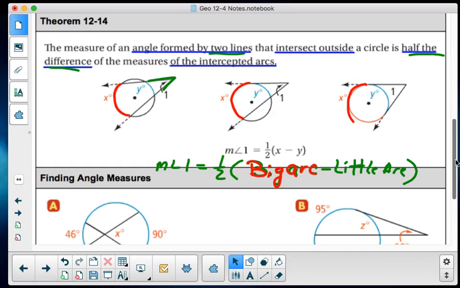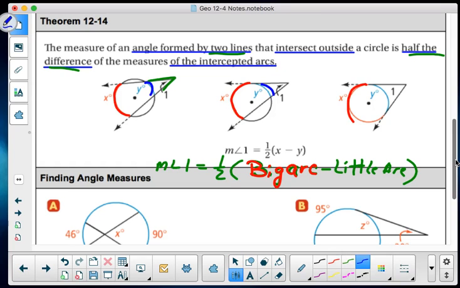And the little arc is the blue, this blue arc. So keep that in mind. It's the big arc minus the little arc, divided by 2. And that's the angle outside the circle.